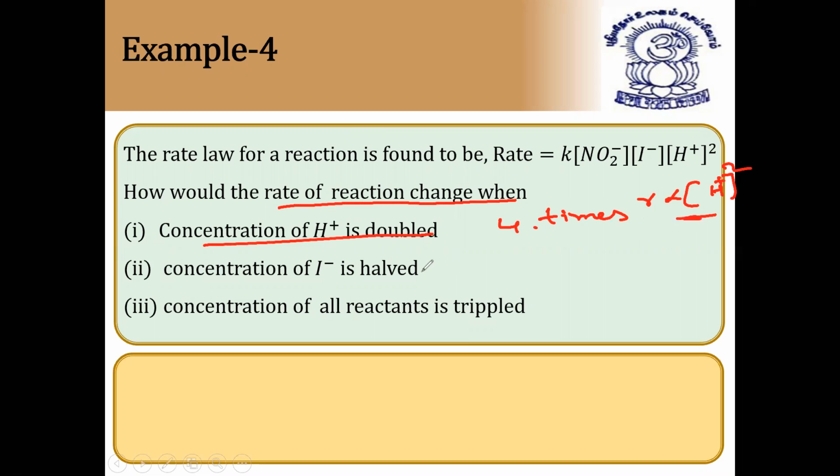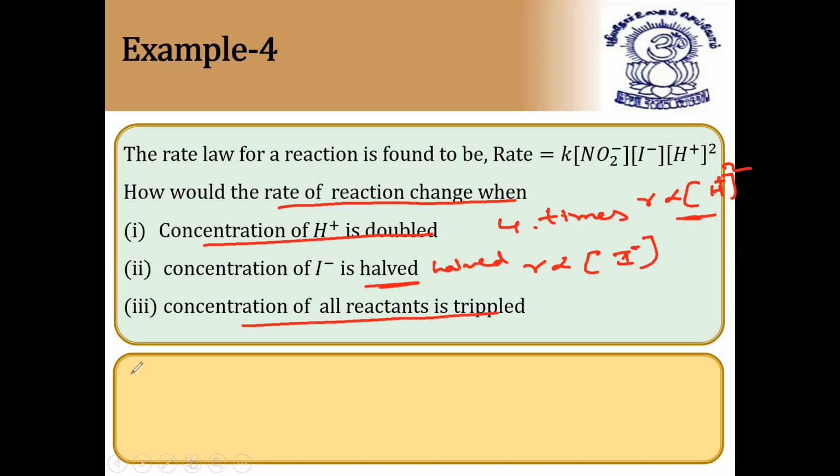Next, the concentration of iodine minus is halved. If we decrease iodine minus to half, since rate is proportional to concentration of iodine minus, the rate is also halved. So the second one is halved. Third one, the concentration of all the reactants is tripled. Tripled means 3 times.